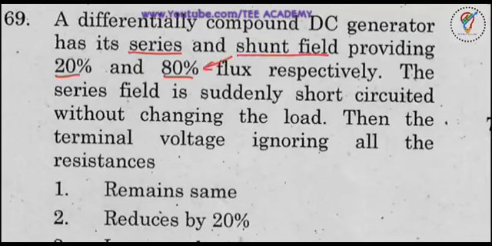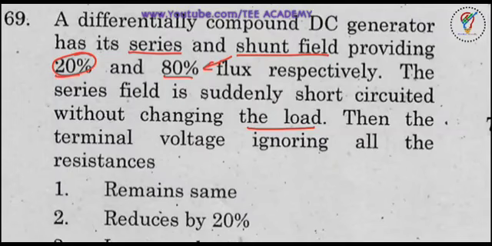Now the series field is suddenly short circuited, that means you remove this 20%, okay. The series field winding is suddenly short circuited without changing the load, so the load remains as it is. Then the terminal voltage, ignoring all the resistances, you should calculate here.